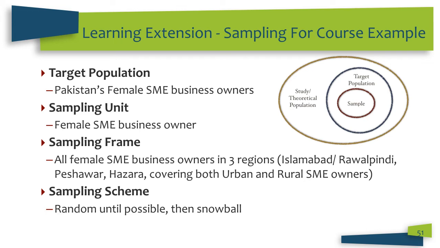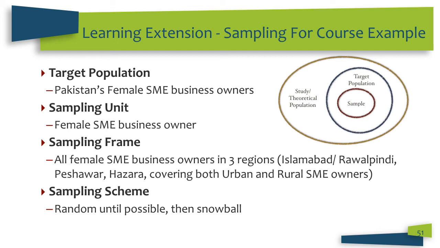I'll try my best to be random. So I'll try to find out female SMEs randomly in these three areas. In these three, they'll become clusters for me. And until I can do it, and if a point reaches where sampling is not possible, then I'll start snowballing.